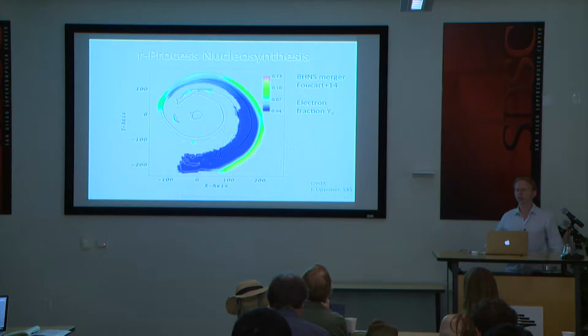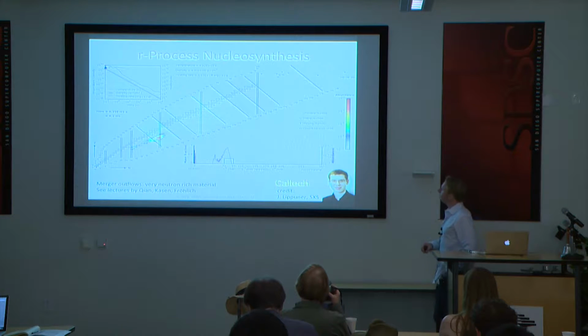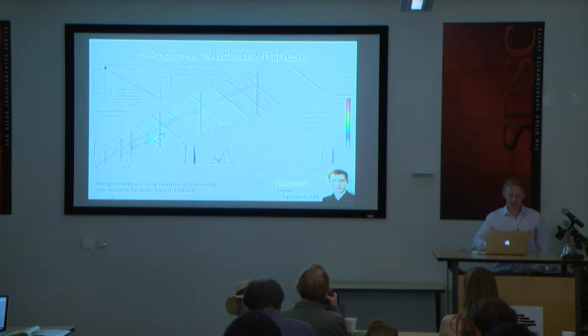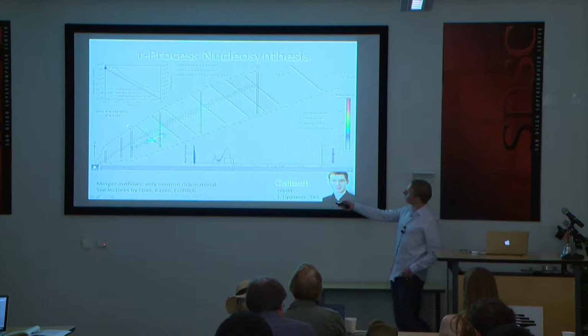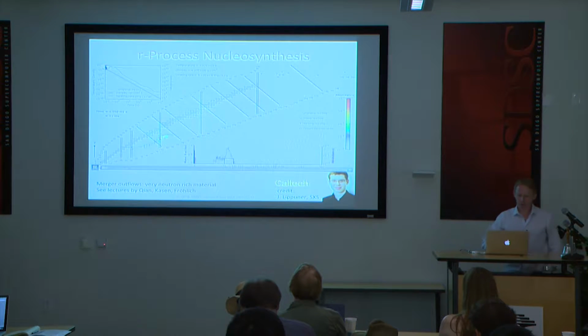And you can do r-process nucleosynthesis calculations of that. I'm not going to talk much about this, but I wanted to show this movie here that Jonas, who's sitting there, made. This is from one of these black hole neutron star merger simulations, where you end up with some neutron-rich material. And as this expands and moves out, it rapidly captures free neutrons.